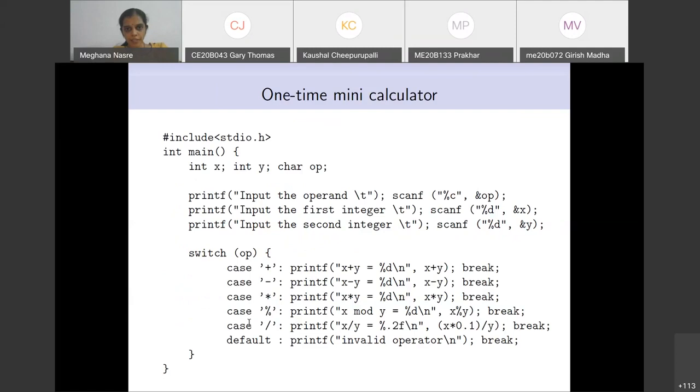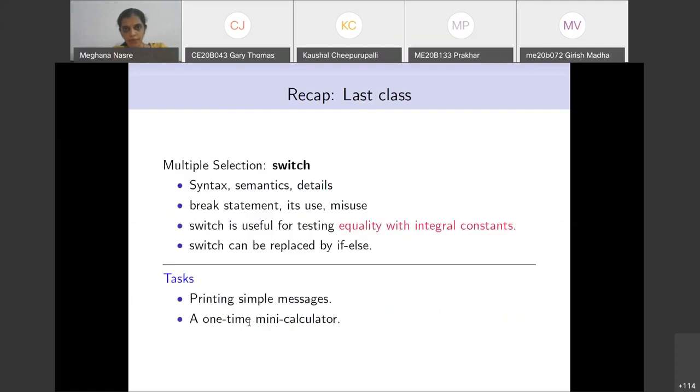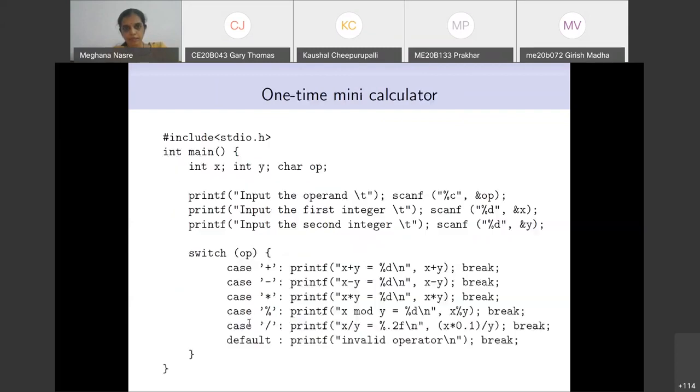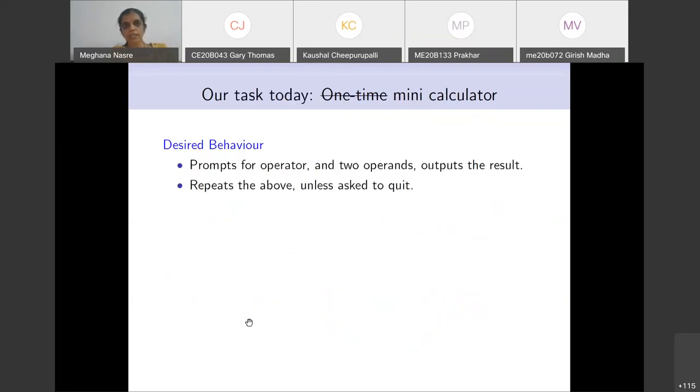Okay, so what we will do in today's class is, I just want to flash this one-time mini calculator, which we did in the last class. And this was our one-time mini calculator. What we want to do in today's class is get rid of this one time.